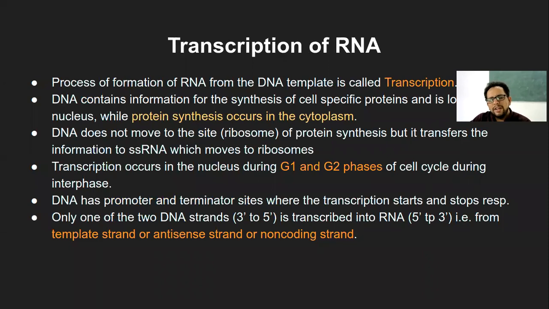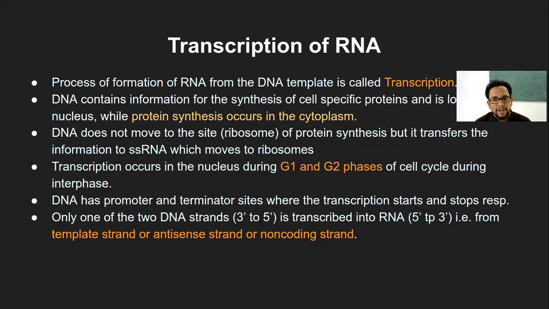Now we already know that DNA contains the information for the formation of specific physiological as well as morphologically required proteins, and it is located in the nucleus, while protein synthesis, that is the translation process, happens in the cytoplasm.